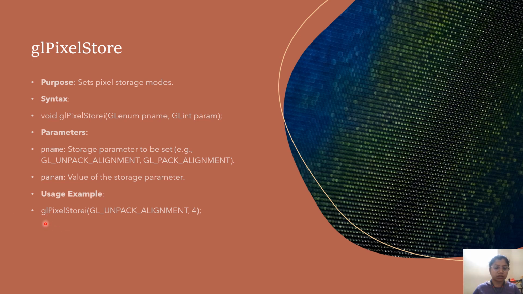This is an example: glPixelStorei, where i indicates integer values in the parameter. GL_UNPACK_ALIGNMENT is the pname parameter, and 4 is the value of the storage parameter.